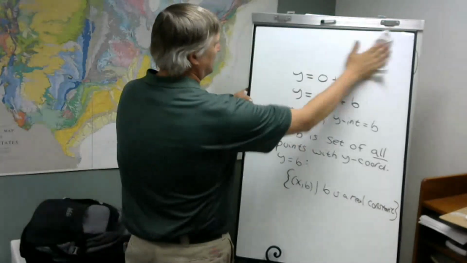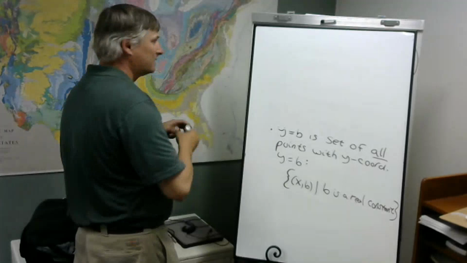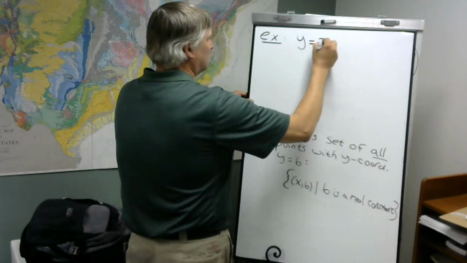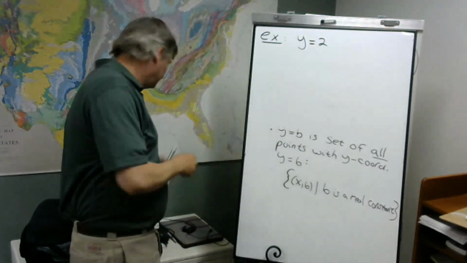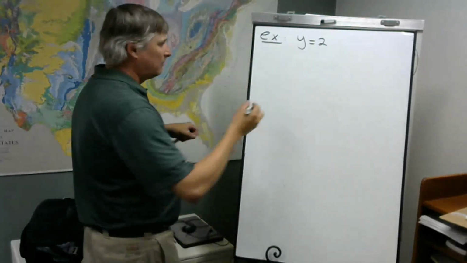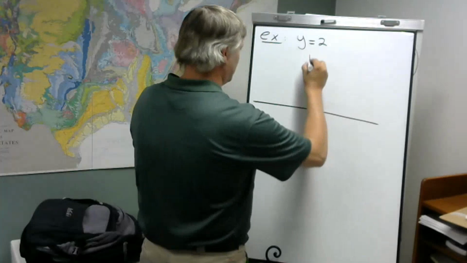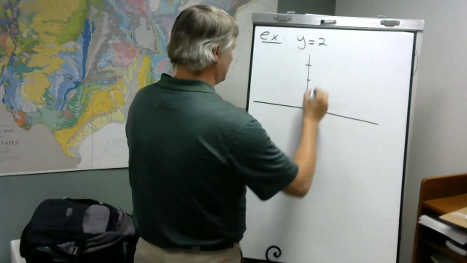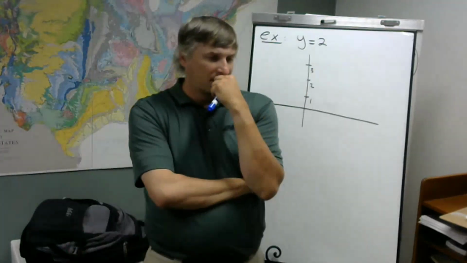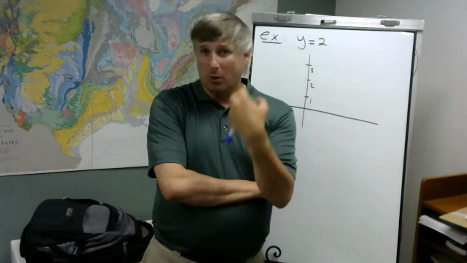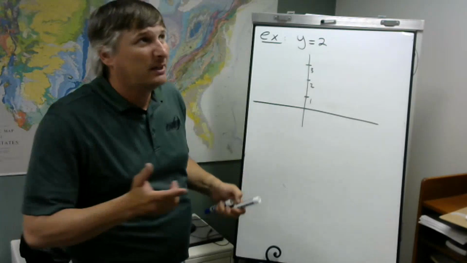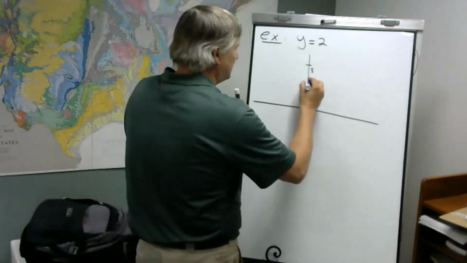So let's say we do this. For example, the line y equals 2. Well, what's a point on y equals 2? Well, it's any point with a y-coordinate of 2. So pick a point with a y-coordinate of 2. And one that comes to mind for me is 0, comma 2.